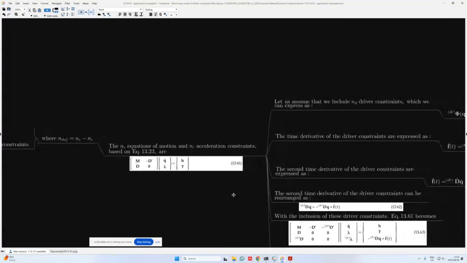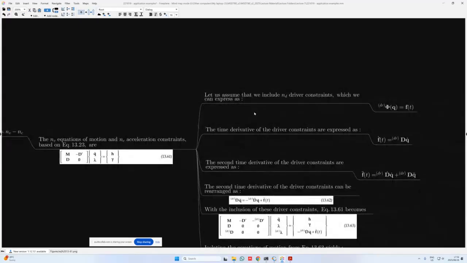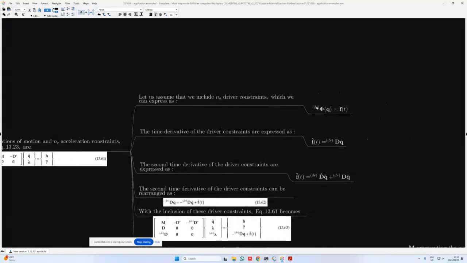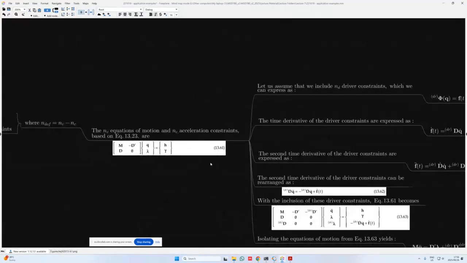And we can now assume that we include ND driver constraints, which we can express simply as phi superscript dr, which indicates that we're working with driver constraints, which is a function of q and is then equal to f of t. Now remember, for equation 1361 up to now, we haven't considered the driver constraint. We only consider the constraint equations that are facilitated by kinematic joints, so actual connections between the bodies.